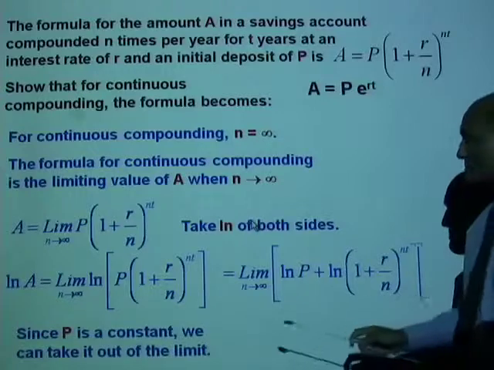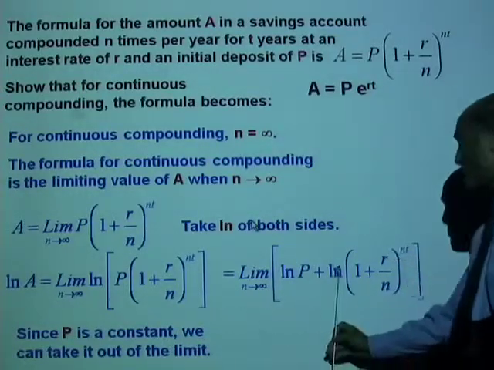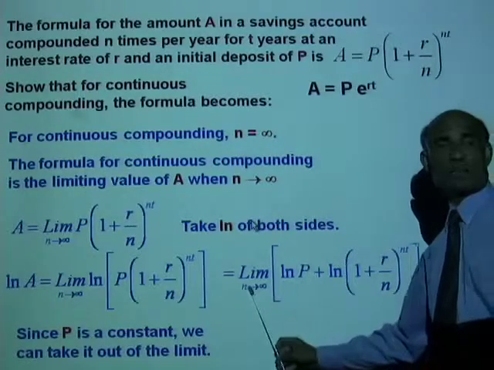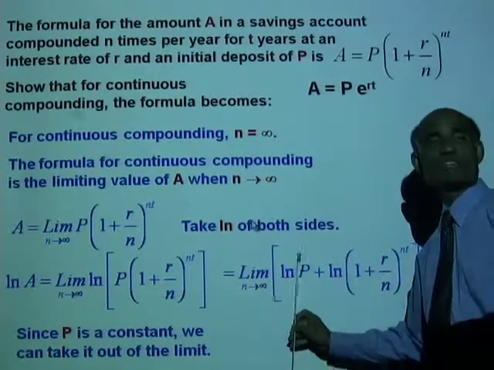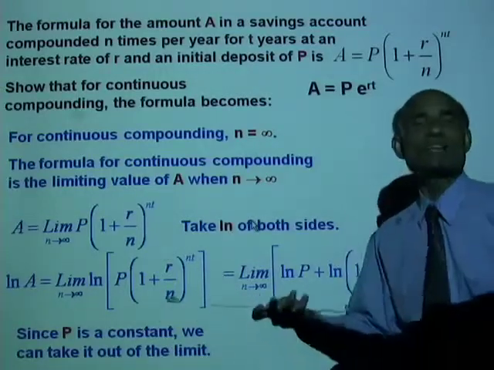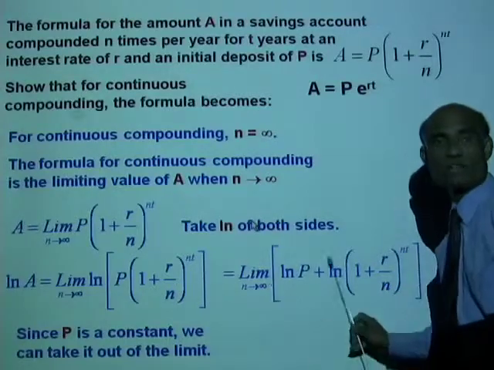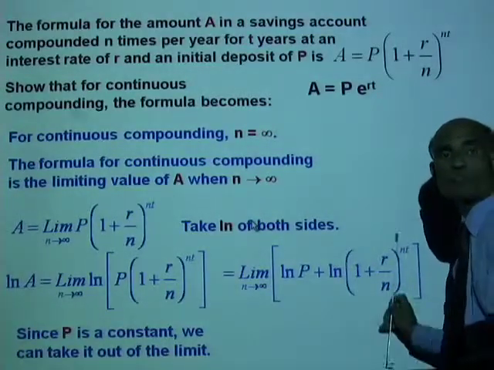Since P is a constant, we can take it out of the limit. The limit as n goes to infinity does not apply to ln P because P does not contain n. So we can remove it from the limit and take only the limit of this quantity.